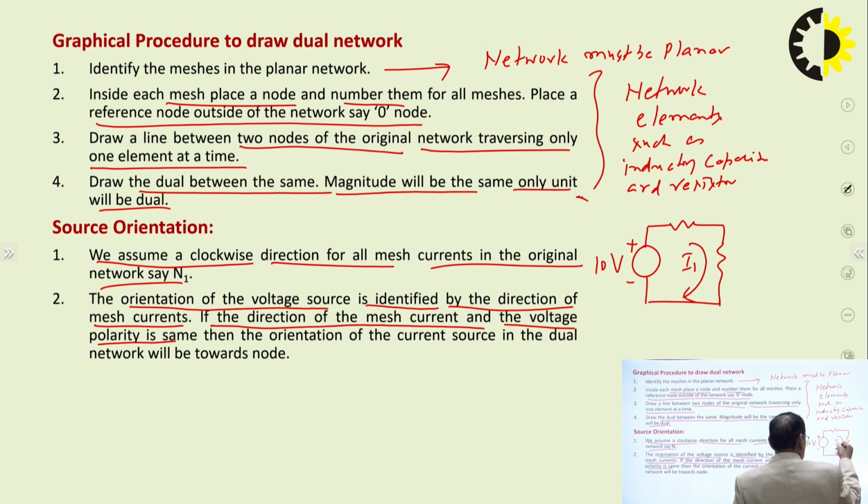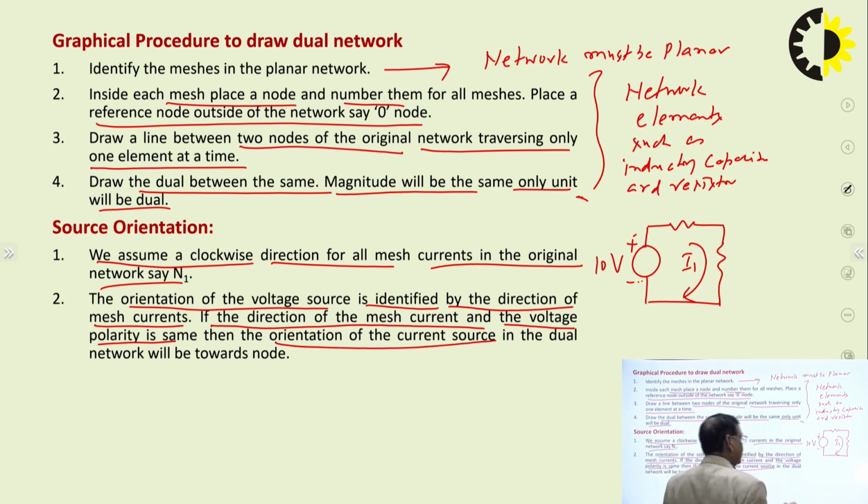So, this is a clockwise direction. So, this current I1 is entering the negative terminal and leaving the positive terminal. In this case, the direction of the mesh current and polarity is the same. Then the orientation of the current source in the dual network, because the dual of the voltage is current, will be towards the node, okay.